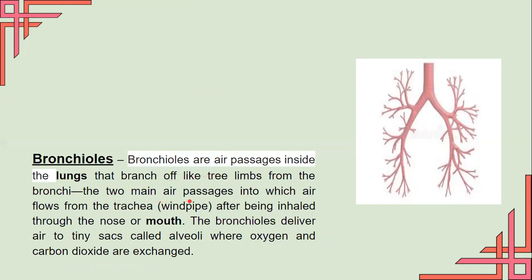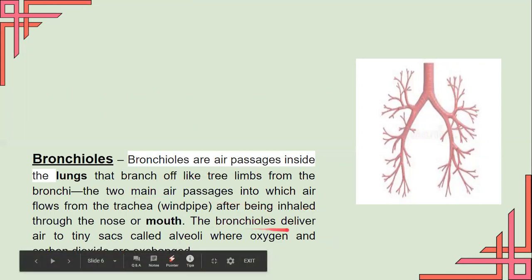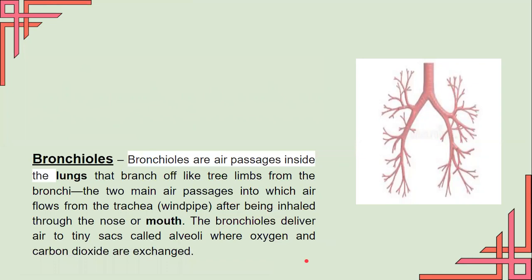The two main air passages into which air flows from the trachea, or so-called the windpipe, after being inhaled through the nose or mouth, the bronchioles deliver air to tiny sacs called alveoli, where oxygen and carbon dioxide are exchanged.